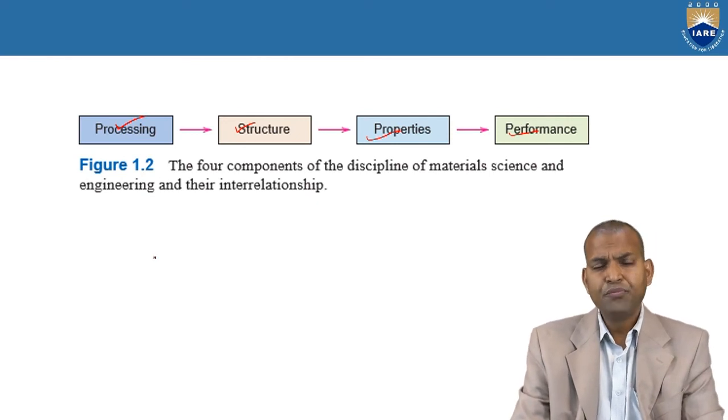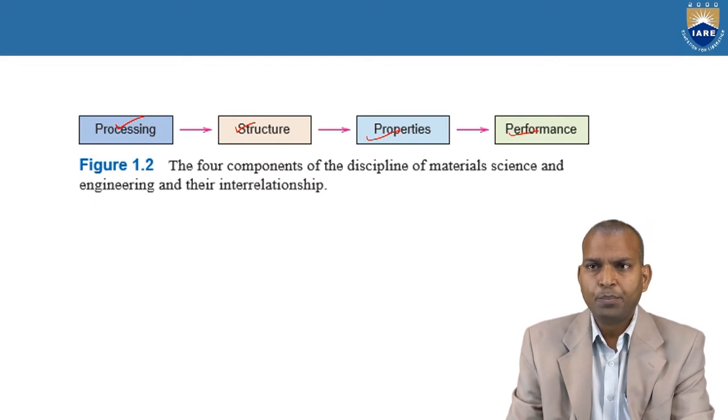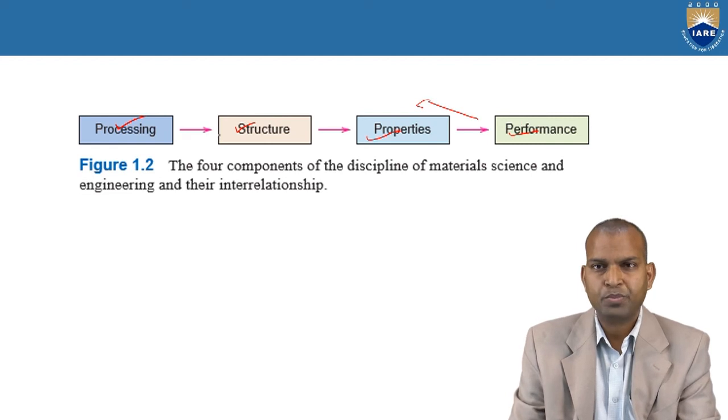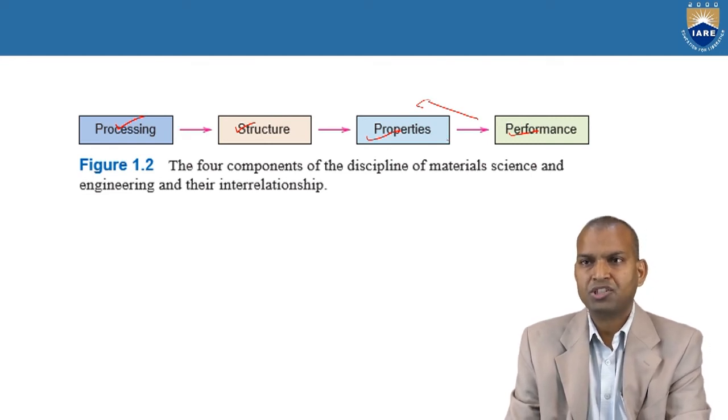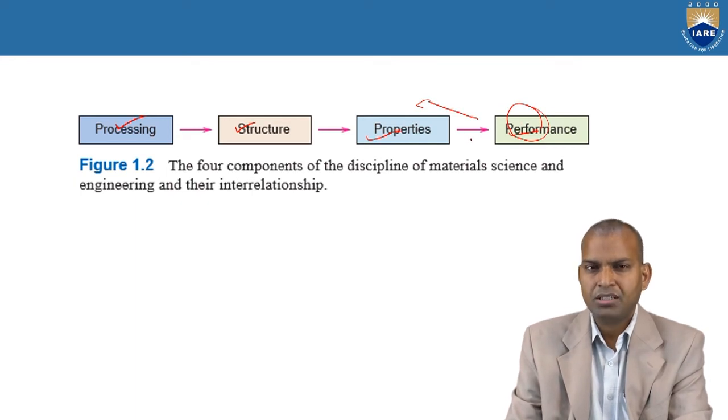Now the interrelationship: if you want better performance, what is required? Better properties are required. If you want better properties, the structure should be better. If you want better structure, processing should be better. So if you are studying performance, it includes processing, structure, and properties. If you are studying only properties, it includes two other categories, processing and structure.